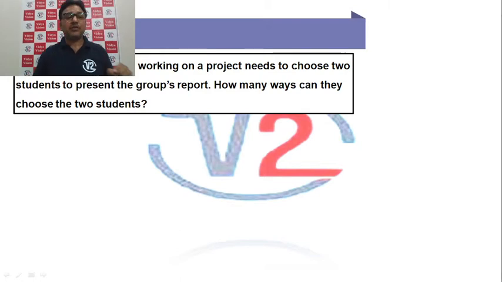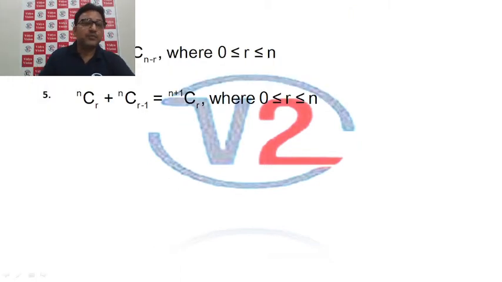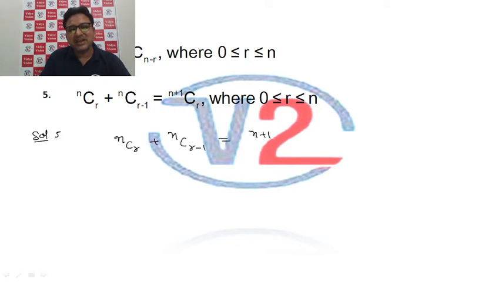Now we do one thing. We prove the last one, the fifth one: nCr plus nC(r minus 1) equals n plus 1 Cr. How?